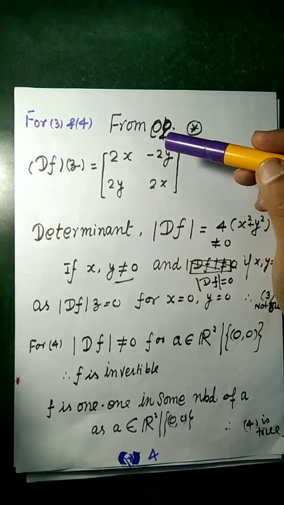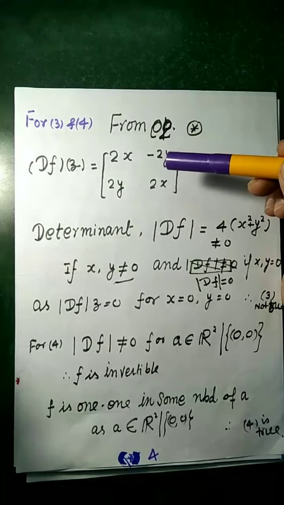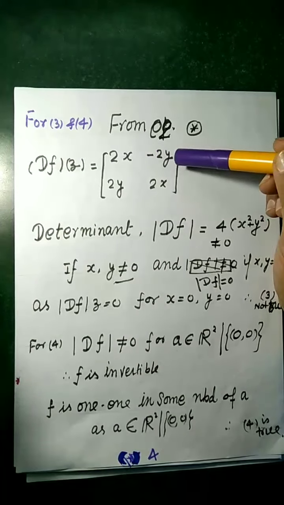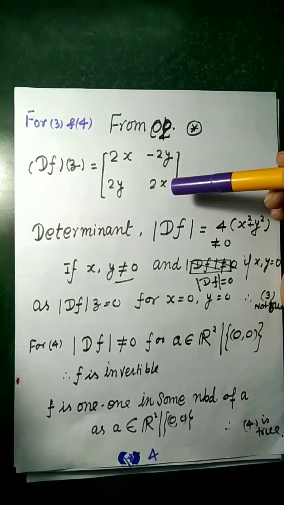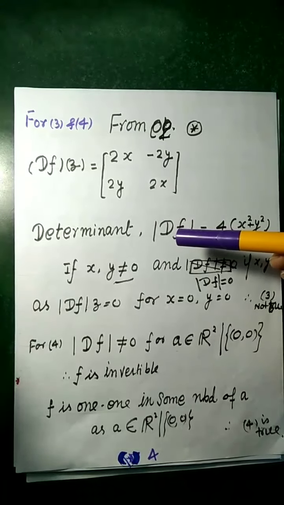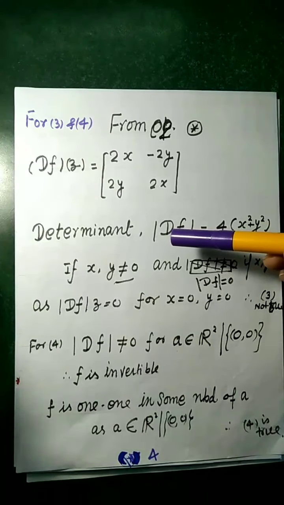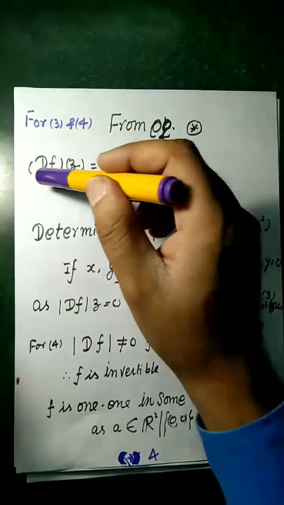So Df we have calculated, that is, the matrix 2x minus 2y and 2y 2x. According to the options, firstly we will determine the determinant of this Df.